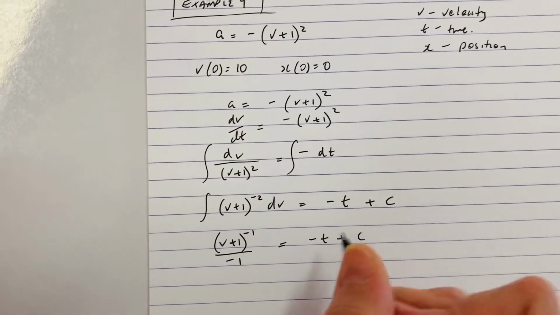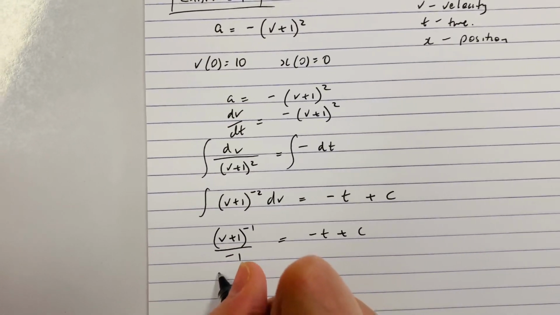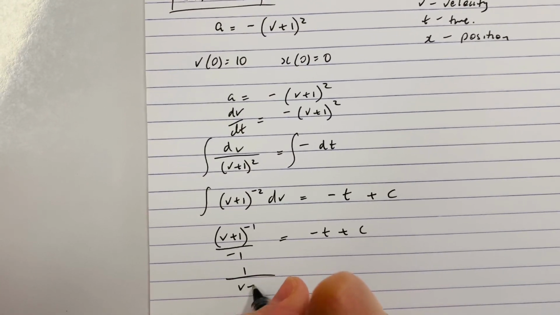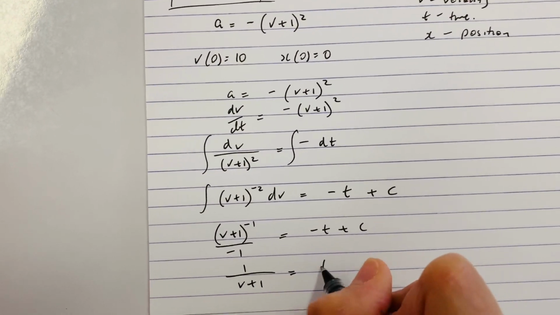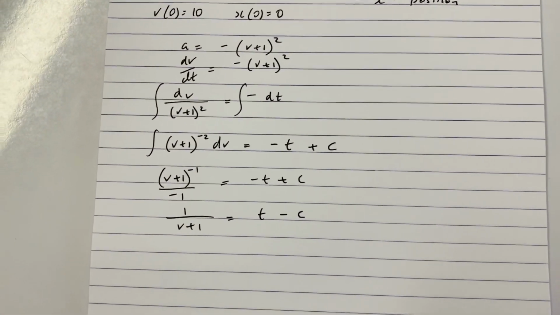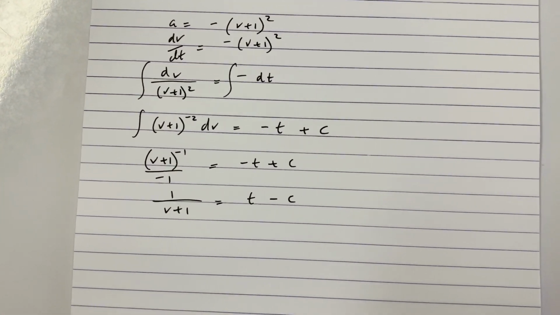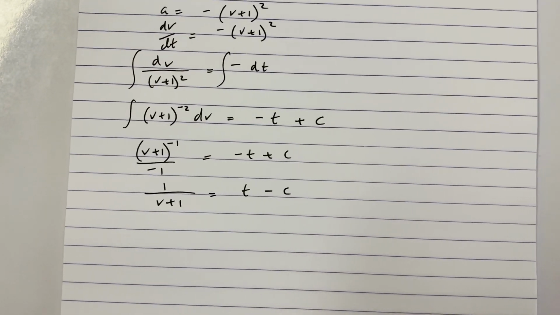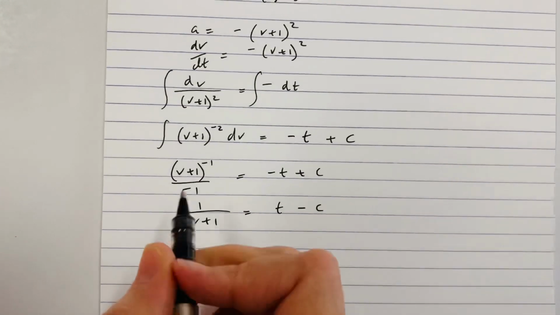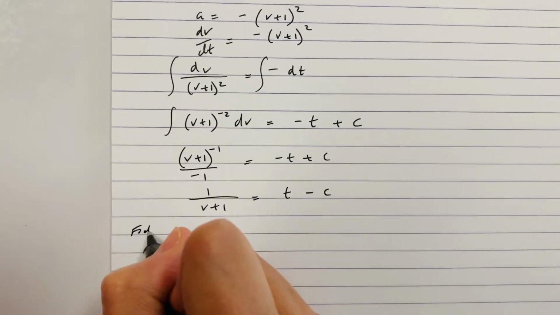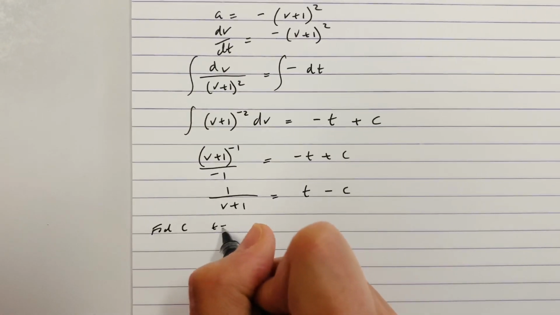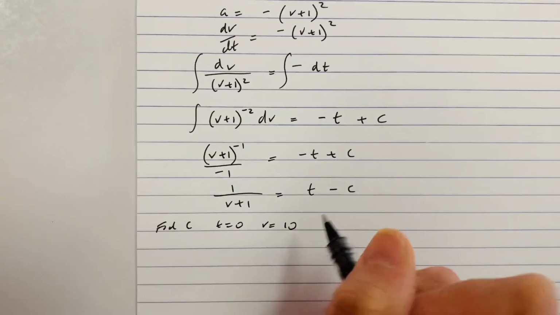Let's multiply through by negative 1. So we're going to get 1 on (v plus 1) equals t minus c. Just getting rid of those negatives. Now we could rearrange first and then find c, but I'm going to find c next. So to find c, I know that t equals 0, v equals 10.